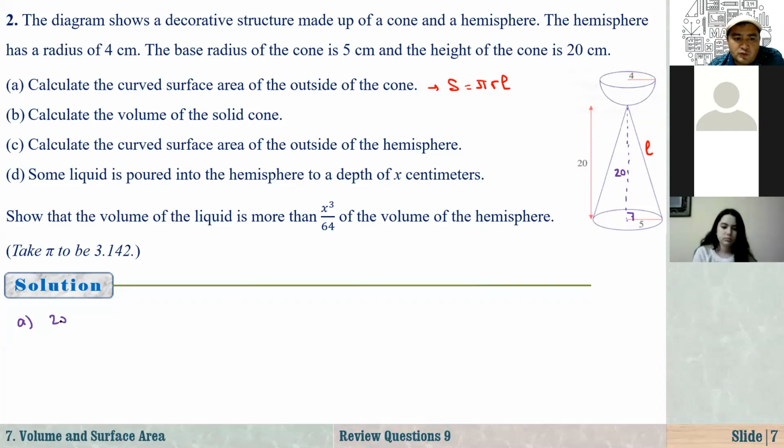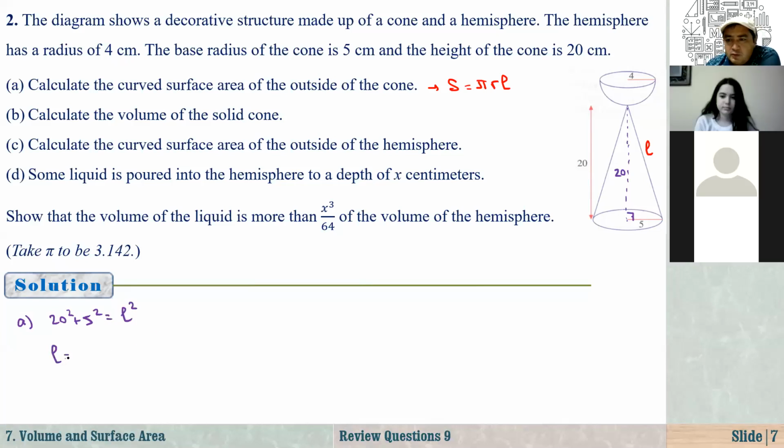From here, 20 squared plus 5 squared is equal to L squared. What is 20 squared? It is equal to 400. 5 squared is equal to 25. So L squared is equal to 425, right? So we can estimate this, but that is L.